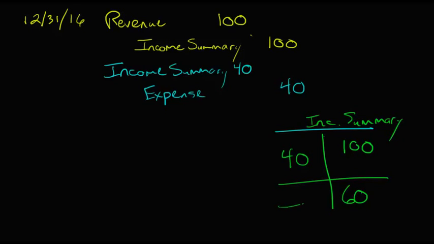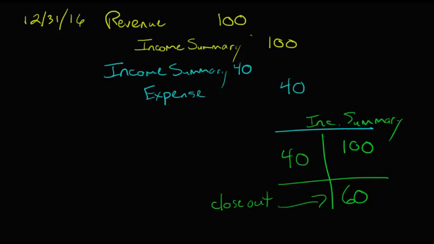So we need to get rid of this. We need to close this out. That's why I said it might be a little easier if you thought about it in terms of just saying, okay, debit revenue, credit retained earnings, and then debit retained earnings and credit expense. But as I said, I don't know why, but people use this income summary account, so we're just going to make sure that you're aware of it.